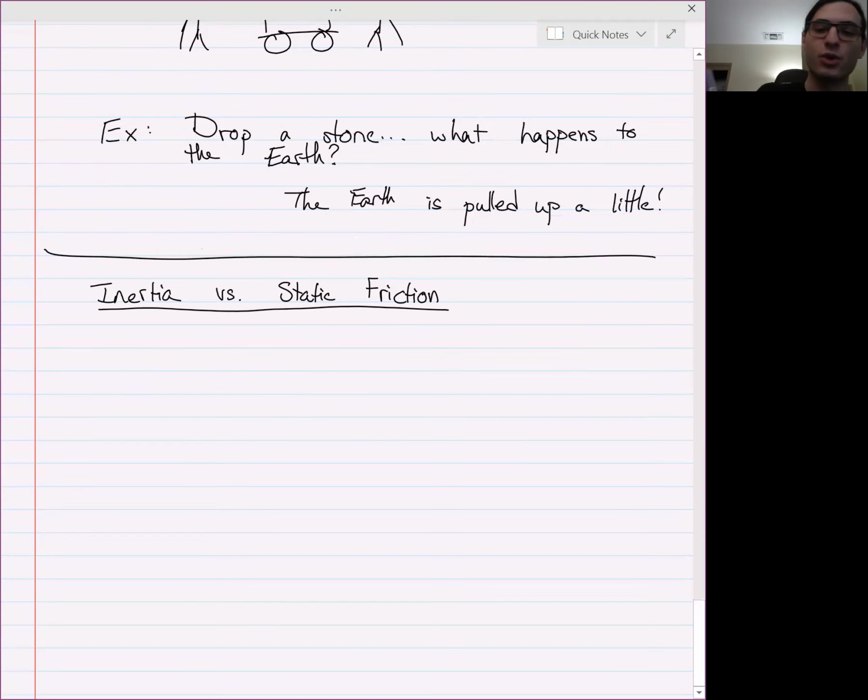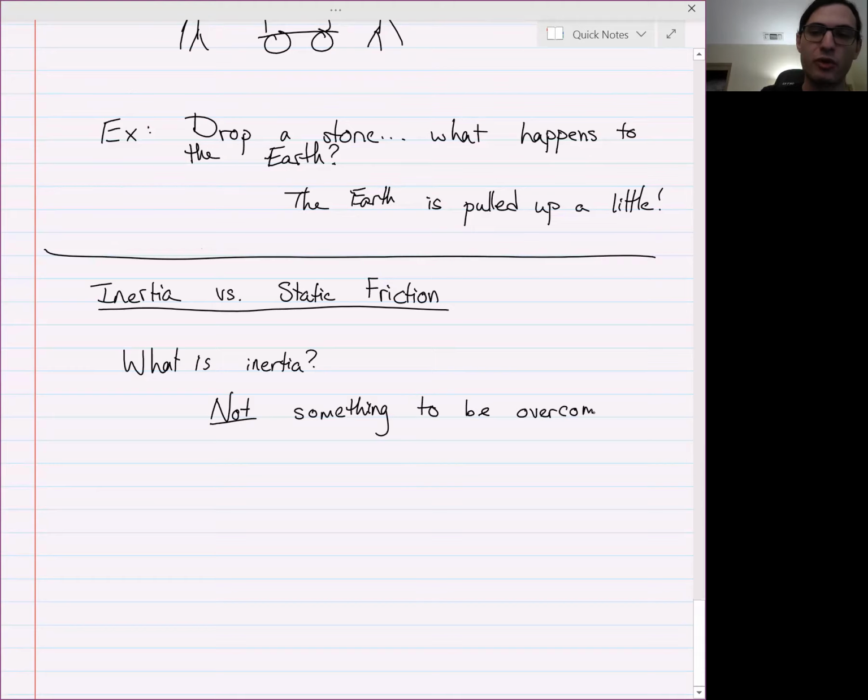Anyway, so let's ask, what is inertia? So inertia is not something to be overcome to keep something moving.